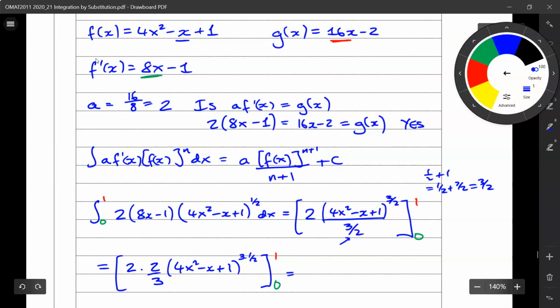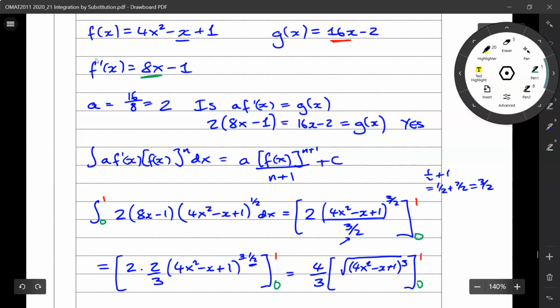And that gives me 4/3 times the square root, because it's to the power of a half. So it's 4x squared minus x plus 1, all to be cubed. And then it's the square root of all that. And we know it's the square root because we have a half here. And that's going from 1 to 0.